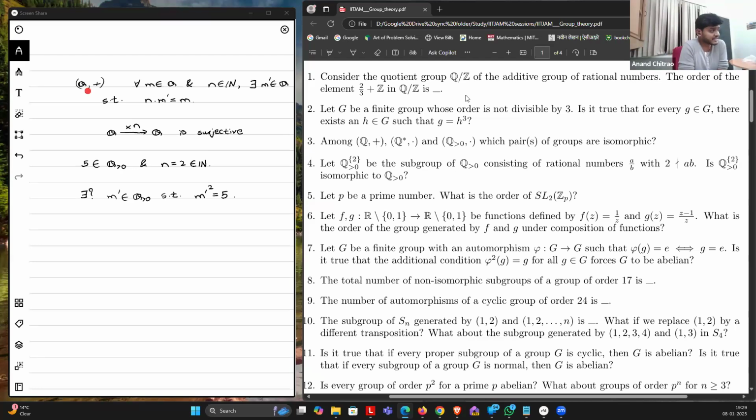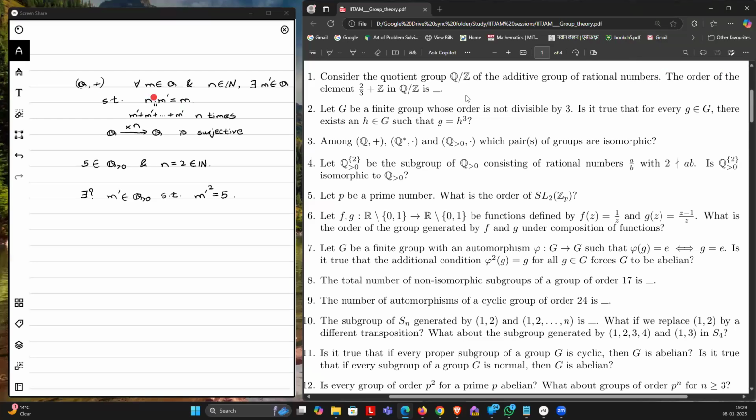Q plus satisfies this property that for every m and n, there exists an m prime such that n times m prime is m. This should be interpreted as m prime plus dot dot dot plus m prime, n times. If a group satisfies this property, the group is said to be divisible.